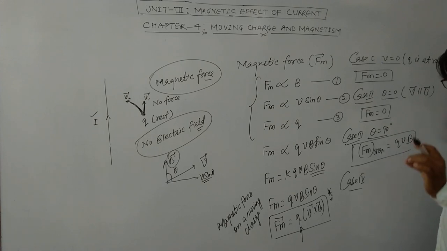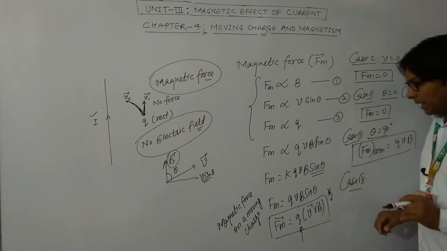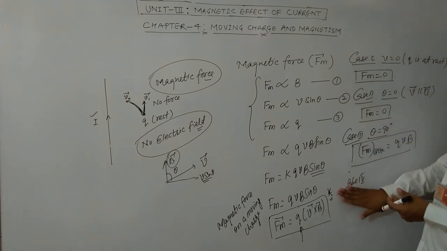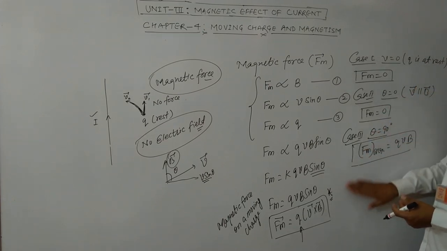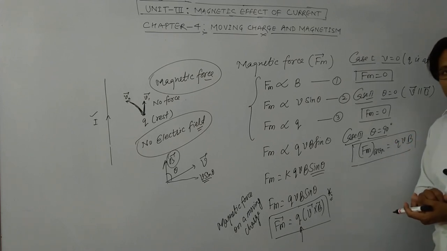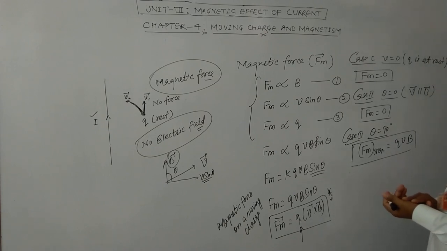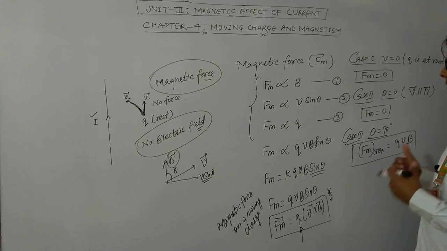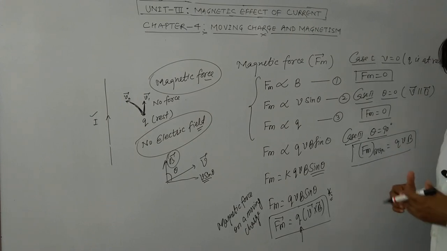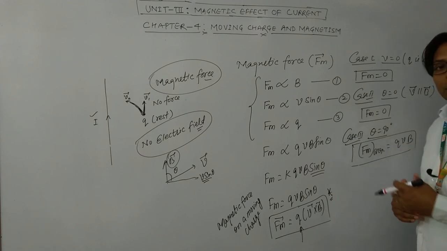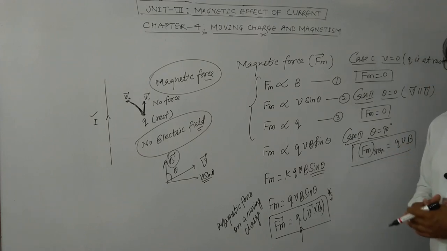So electric force and magnetic force are both exerted on a charged particle, not on an uncharged or neutral particle. Okay, and if the magnetic field is 0, then of course the magnetic force also becomes 0. So these are the cases through which we can understand when and where the magnetic force is maximum, and when it is minimum or 0.